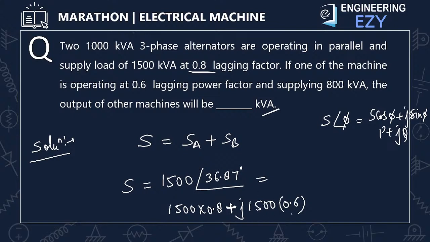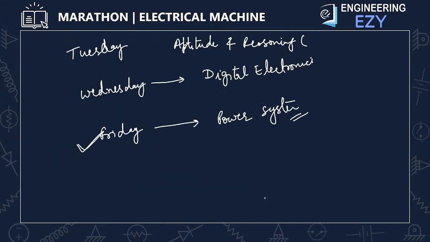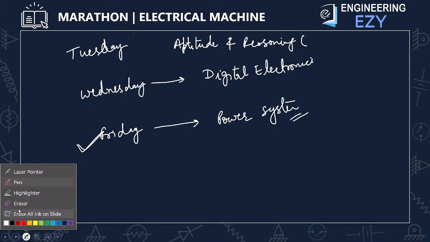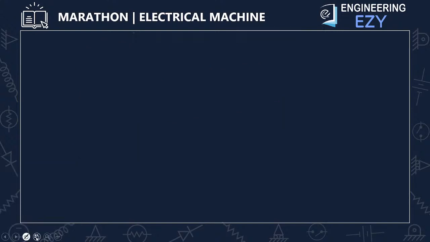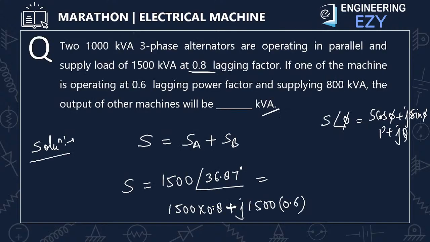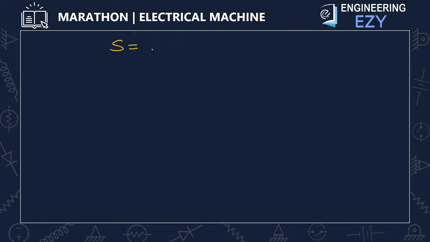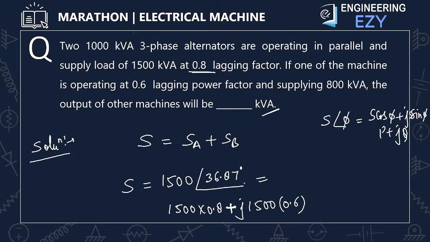Active power as well as reactive power are both supplied by the alternator. So in the first case, S is equal to 1500 into 0.8, which is 1200, plus j 1500 into 0.6, which is 900.